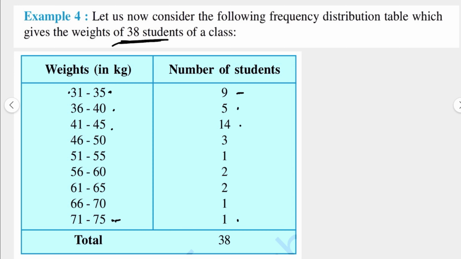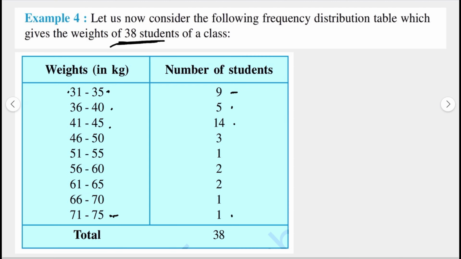Now the problem that arises here is, what if a student's weight is exactly 40.4? That means it's more than 40 and less than 41. The interval that we have here ends at 40, and the next interval starts from 41. As this weight is between 40 and 41, this interval ends at 40, so it does not include any number more than 40, and this one starts from 41, so it does not include any number less than 41.